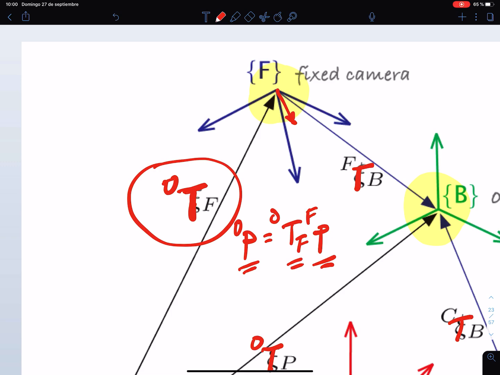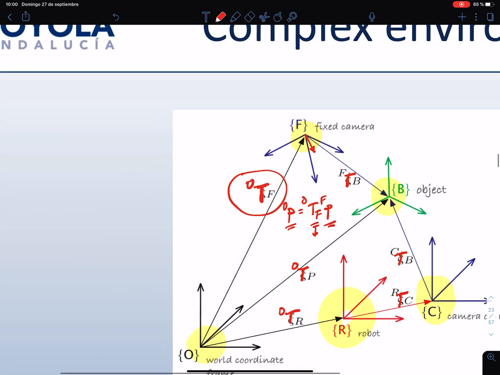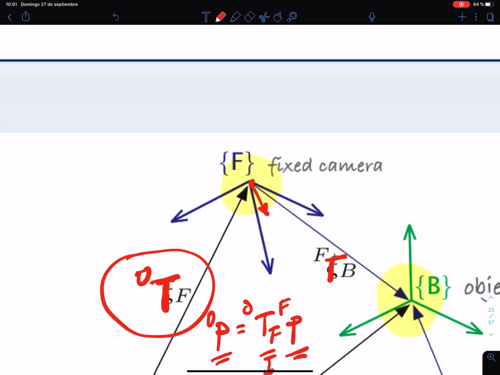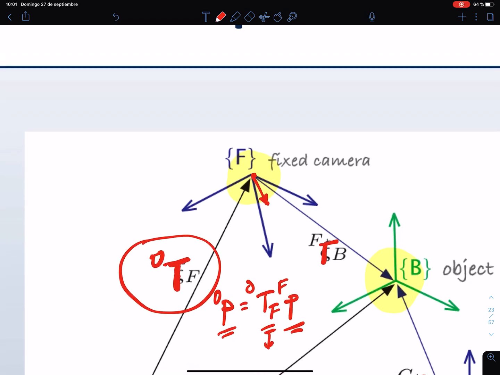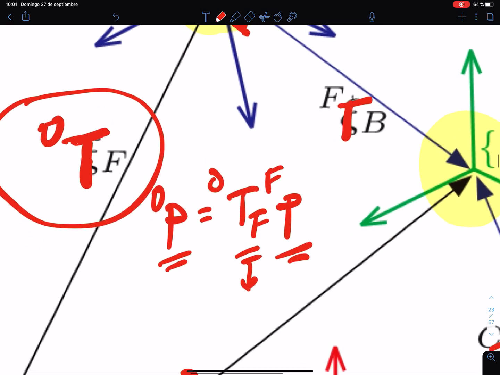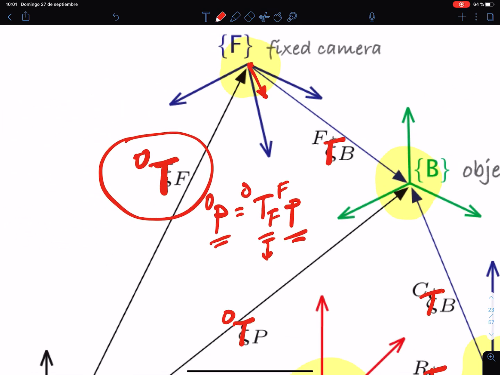I will not go into the detail on how to compute 0TF, but this is exactly what we have said before. In order to compute 0TF, we will need to know first the translations that have to be done on the 0 frame to reach the origin of the F frame, and then we should write down the rotations to reach the final orientation of the F frame. Okay, so if we have that information, we already know how to compute the matrix 0TF. But this exercise is not about that, okay?